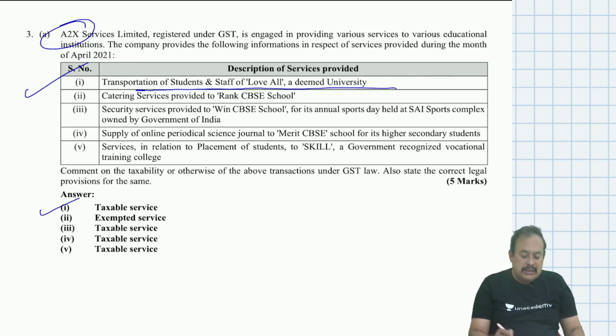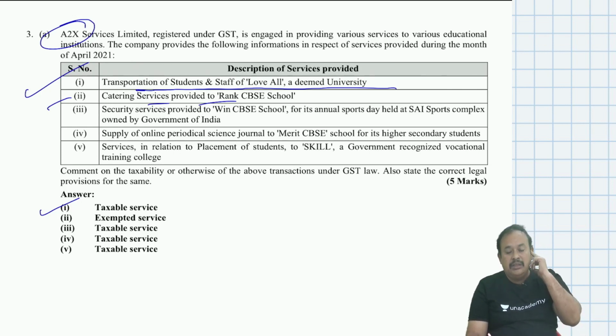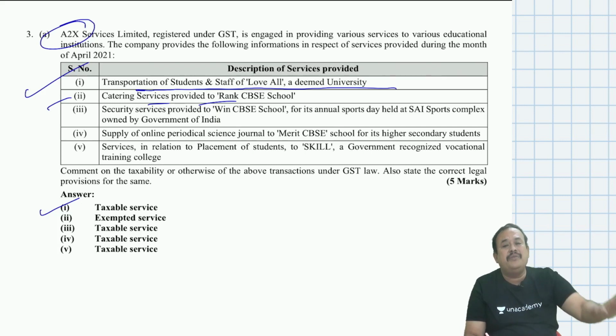Point number 2, catering services provided to rank CBSE school. Security services, cleaning services, or catering services including midday meal scheme services provided to preschool or higher secondary school only qualify for exemption.